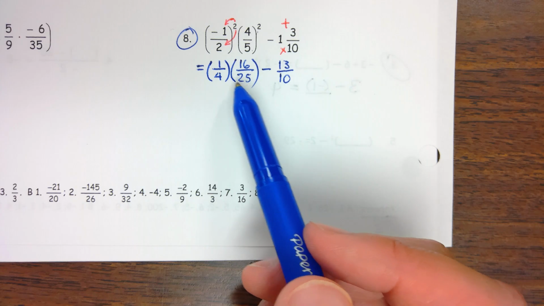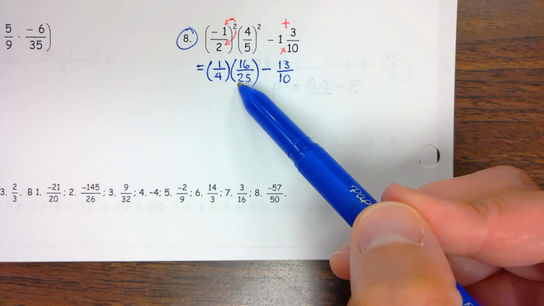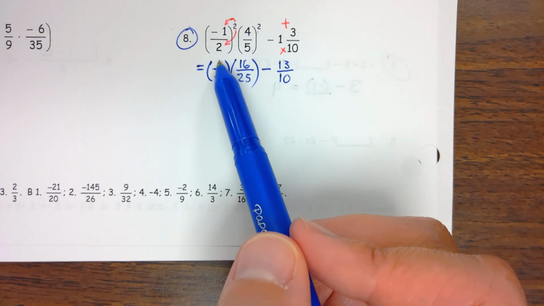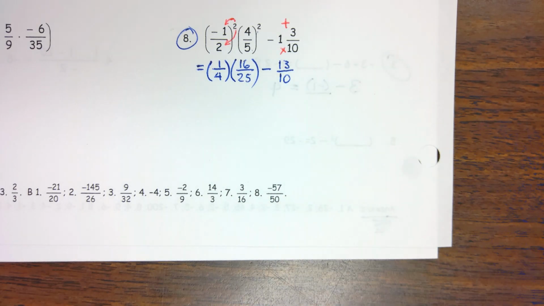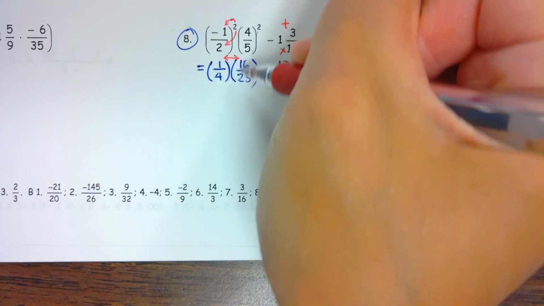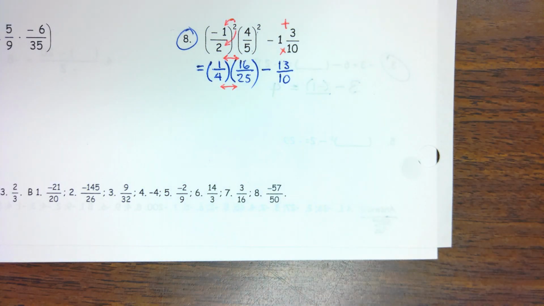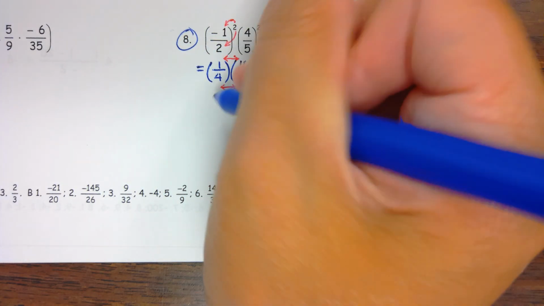There's two different ways you can do this. One way, you can reduce the fractions, or you can just multiply across and worry about reducing after. Both ways work. I just like to keep it simple and do the reducing at the end, actually. Okay, so you can multiply across.